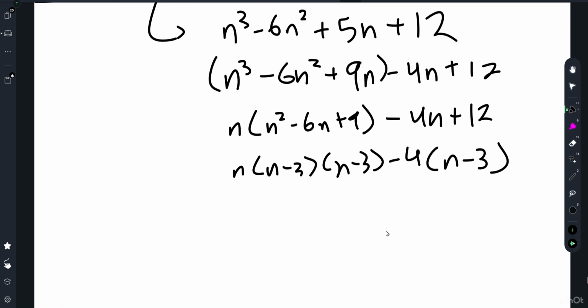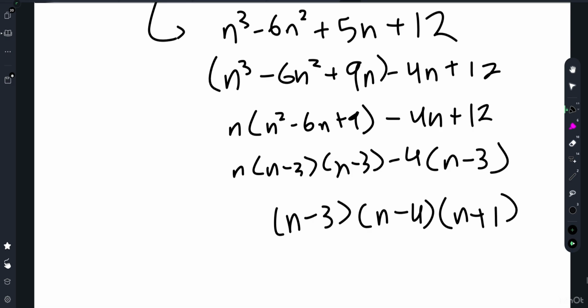And if we combine these, we will get n minus 3 times n minus 4 times n plus 1. So that's what we have for our bottom.